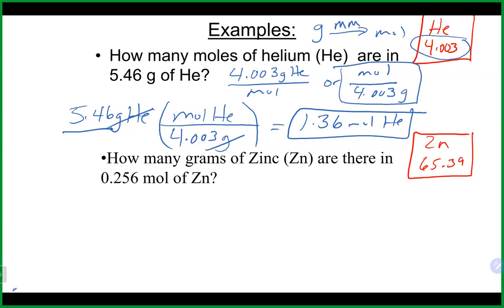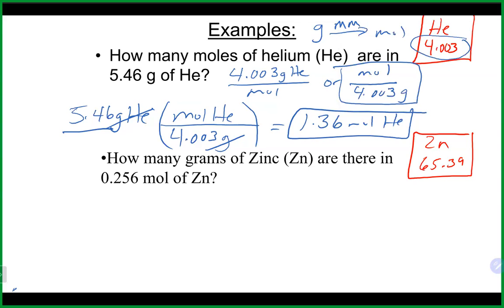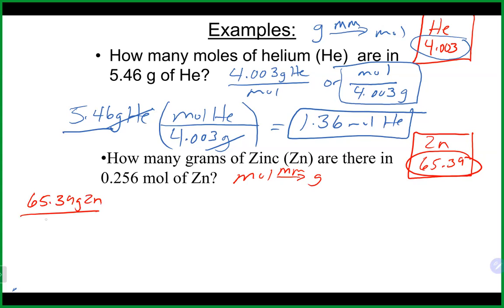Okay, looking at the next one, we want grams and we have moles to start with. Again, we do not need Avogadro's number, no mention of atoms or molecules. This is our moles to grams conversion, which once again is the periodic table and our molar mass. Looking at zinc, that tells us there are 65.39 grams of zinc in a mole.